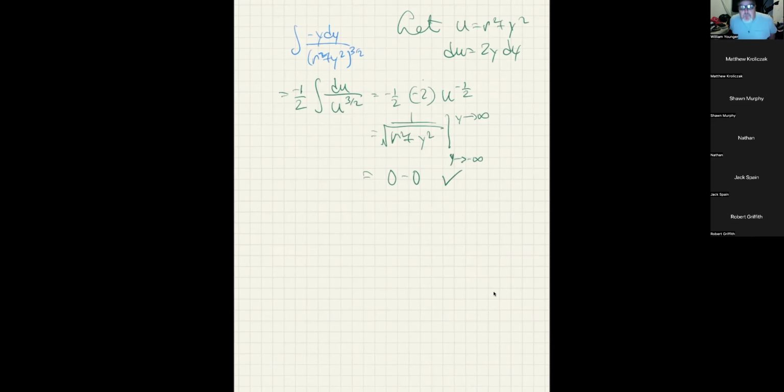And of course, as y approaches infinity, the r can just be thrown away. So you're taking the limit of 1 over y as y approaches infinity, and that gives you 0. And then minus the limit of 1 over y as y approaches negative infinity, and that, of course, gives you 0 as well.